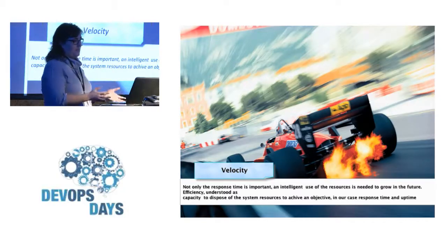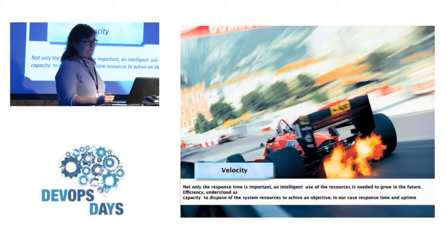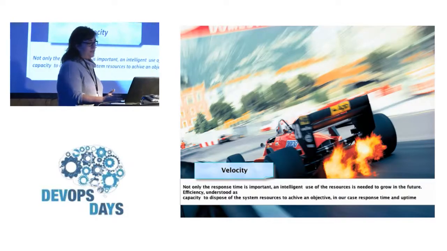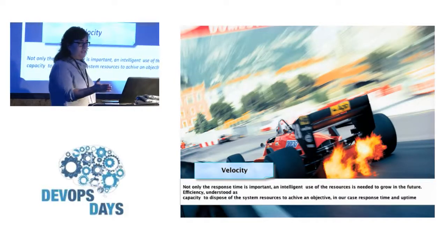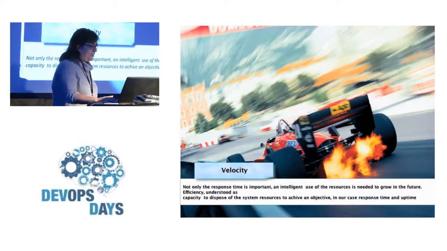Well, servers are the same. If they are under 65% of usage, they are underused. So there's no point. You are overdimensioning your servers. Your capacity, the velocity you're giving is great, but you have a real budget expense there. You have a hole in your budget.